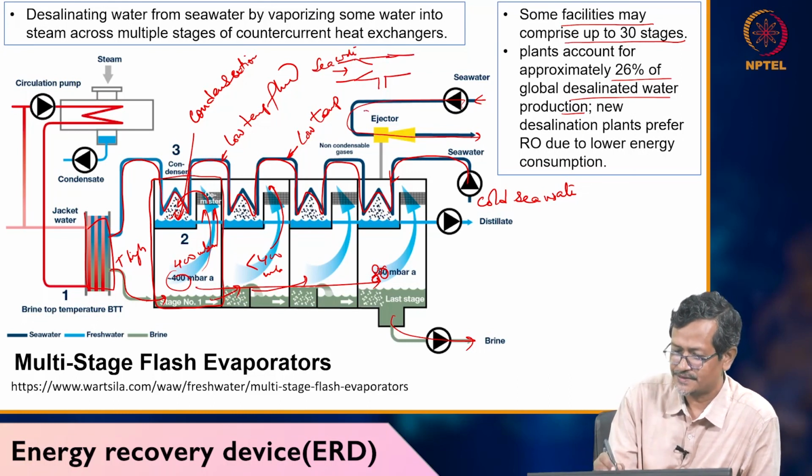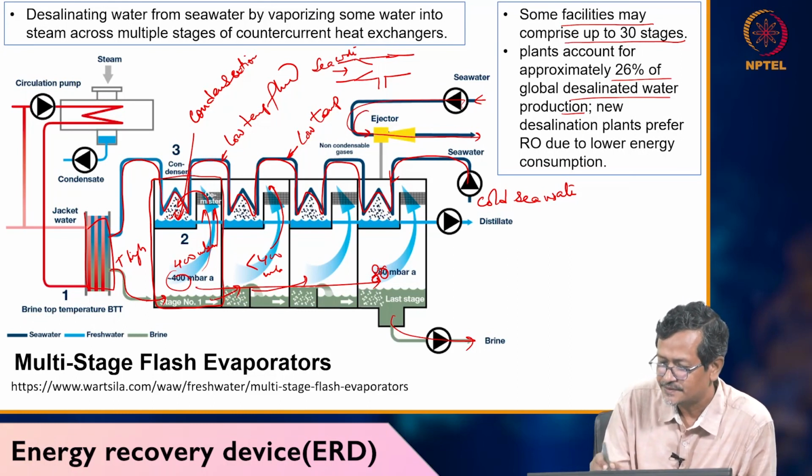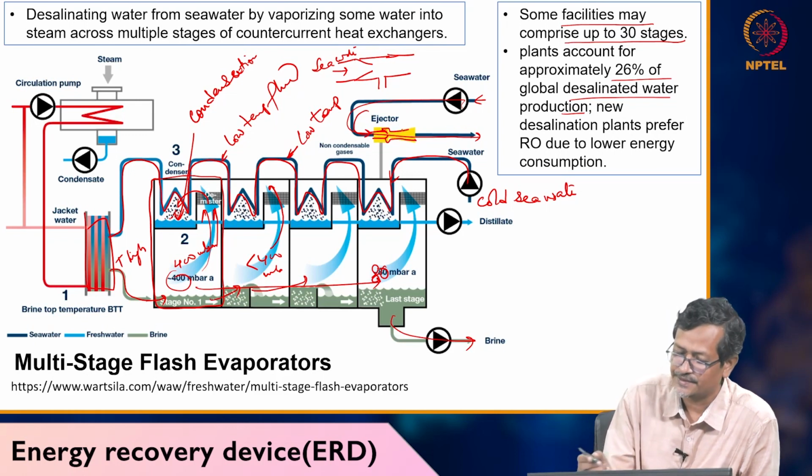So, what is happening, this ejector is getting seawater and there is the system. I will draw like this, okay, then this system is there, this system is there, okay.